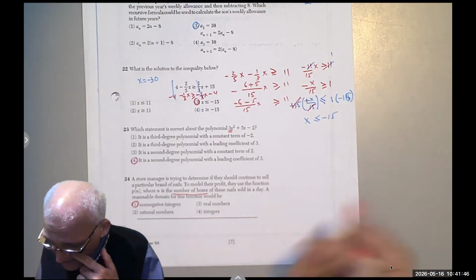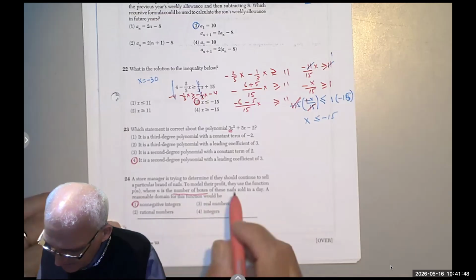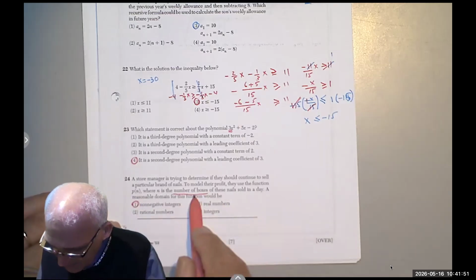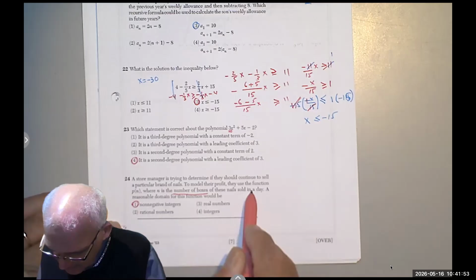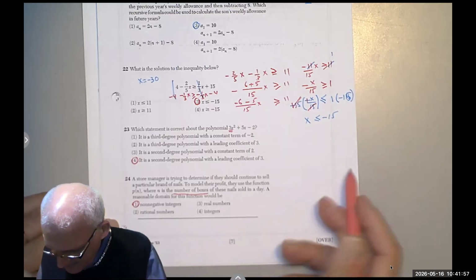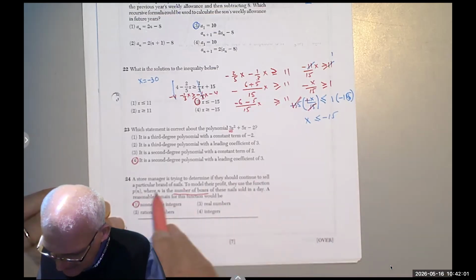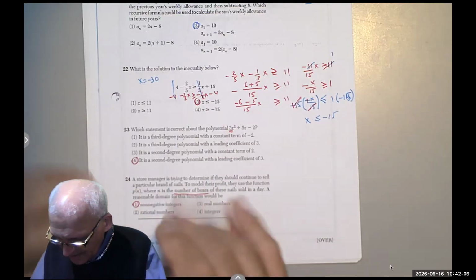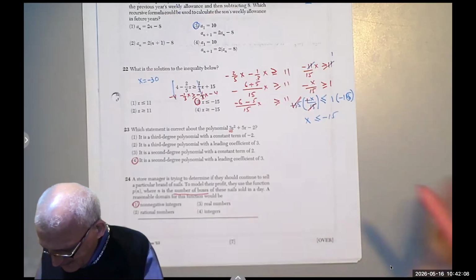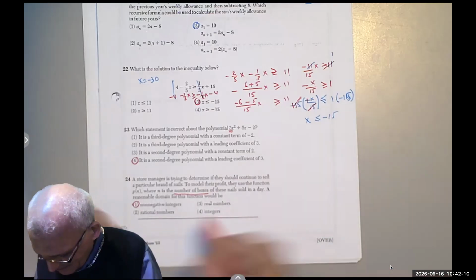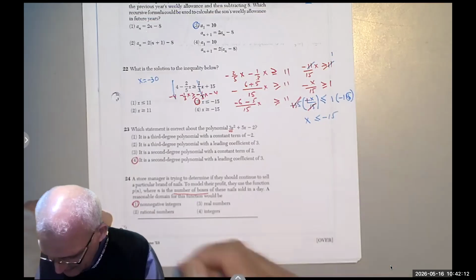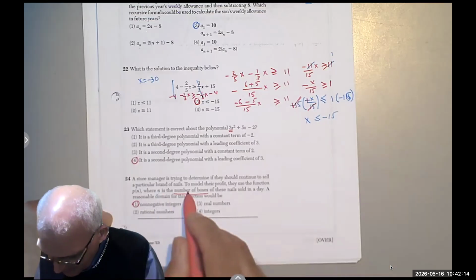No, he's just selling number of boxes. I don't know. It's like, what if they allowed, doesn't say explicitly that they sell nails in boxes. Maybe they sell part of that. I don't know. But it makes sense to say non-negative integers since n is the number of boxes.